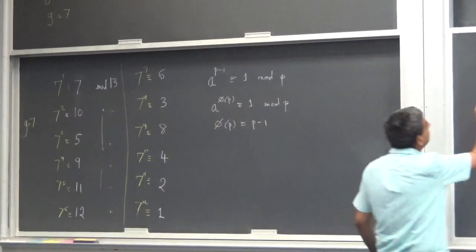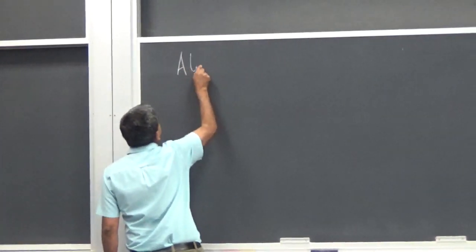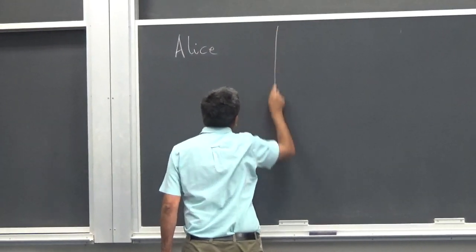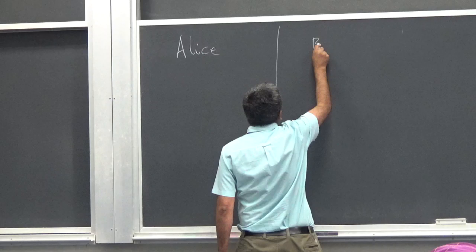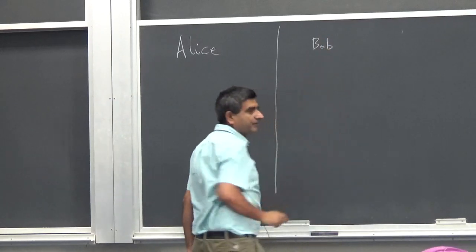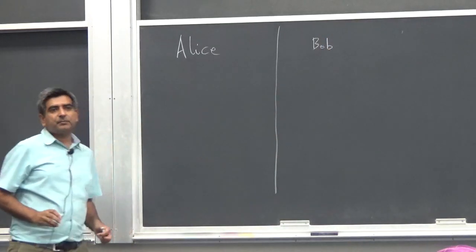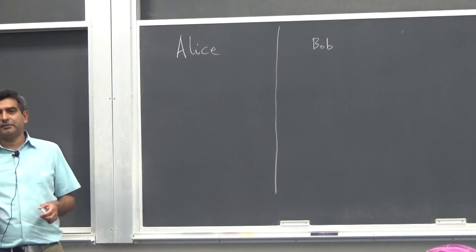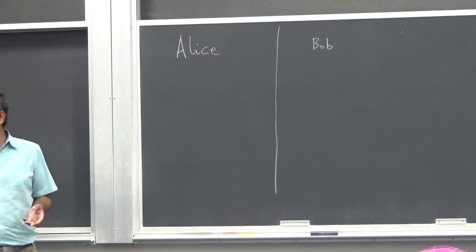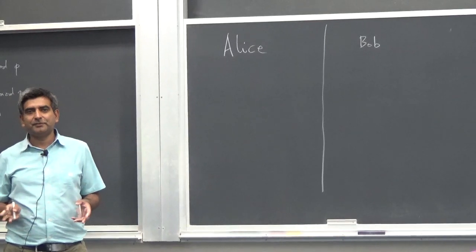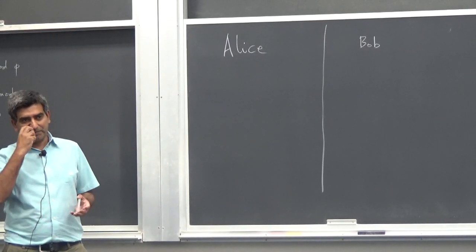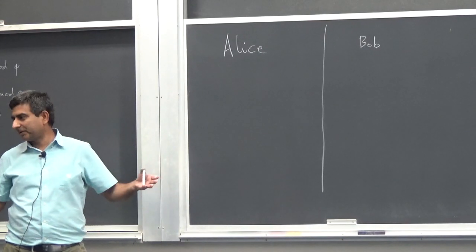So I have Alice's world, Bob's world. Both Alice and Bob decide a prime number p, and they announce the prime number p. So it goes over the public channel as well.